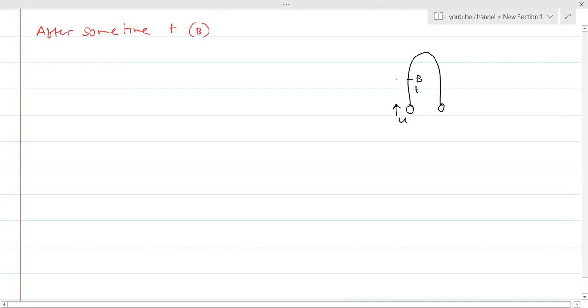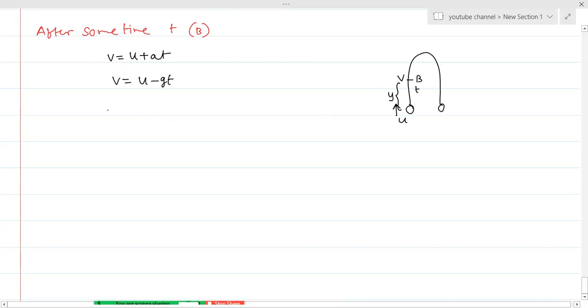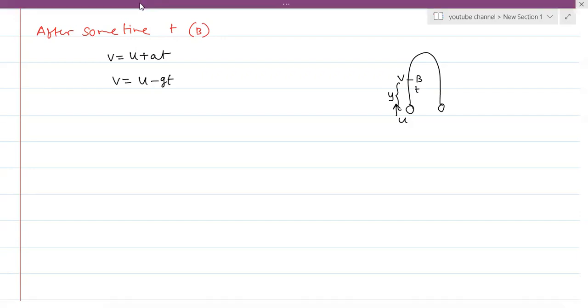Let us take that it has a velocity v, and the body covers a distance, let us say y. We will apply the equation of motion v equivalent to u plus at, or v equivalent to u minus gt. So this will be the velocity of the body.